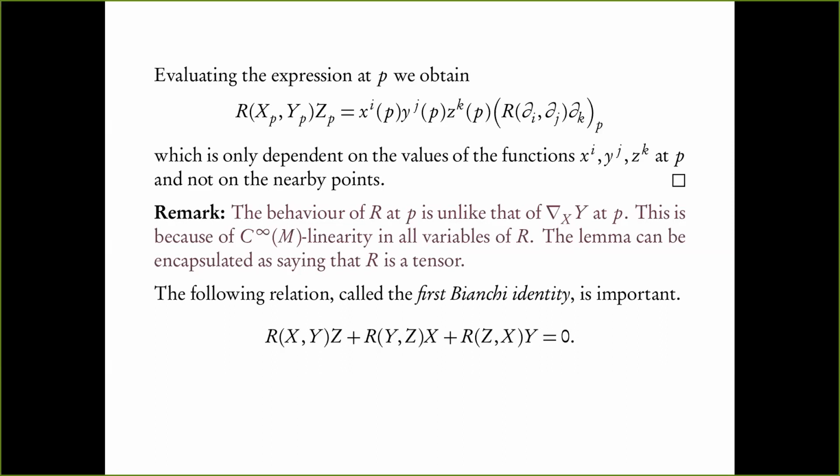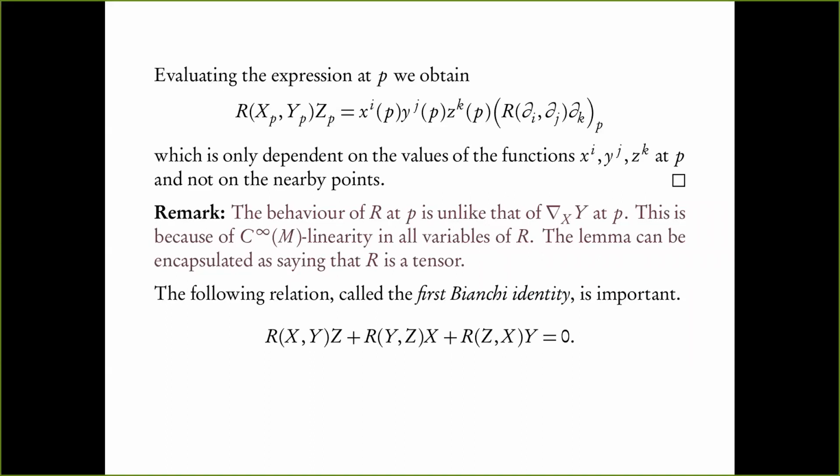So the identity is the following. It's a very nice identity. It says take R(X,Y)Z and then cyclically permute X, Y, and Z. There will be three terms. You get R(Y,Z)X plus R(Z,X)Y. If you sum it all up, it's 0. So in some senses this looks very familiar. This looks like the Jacobi identity, but of course this has nothing to do with Lie brackets.